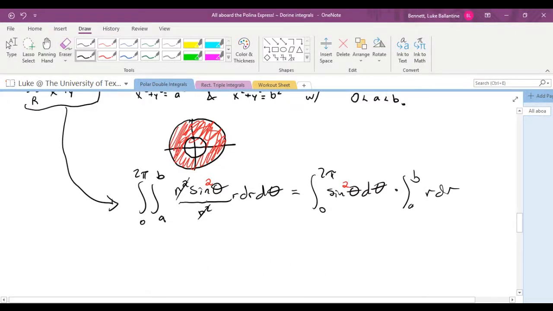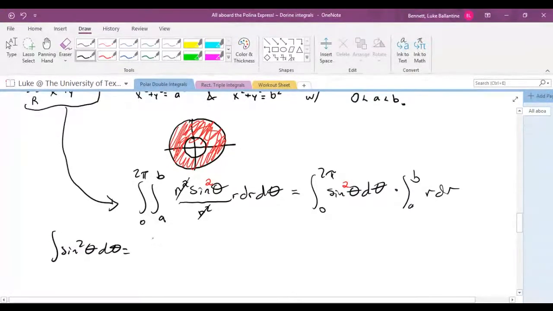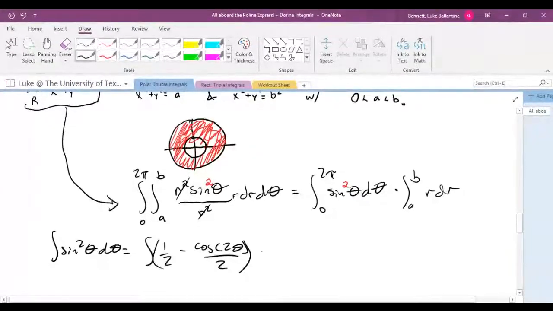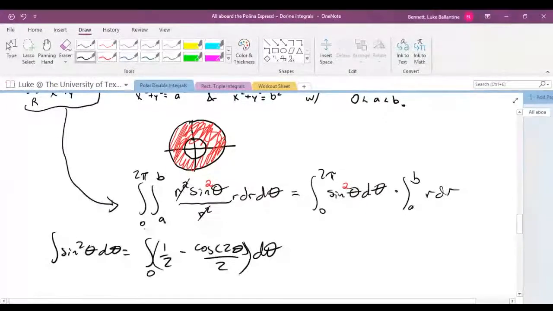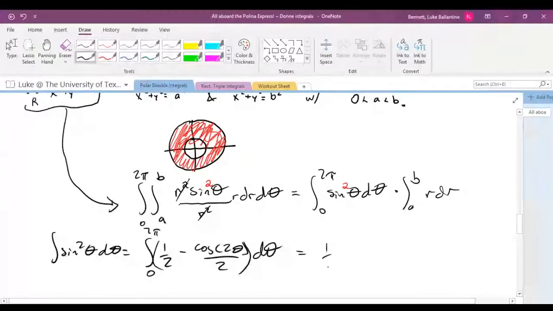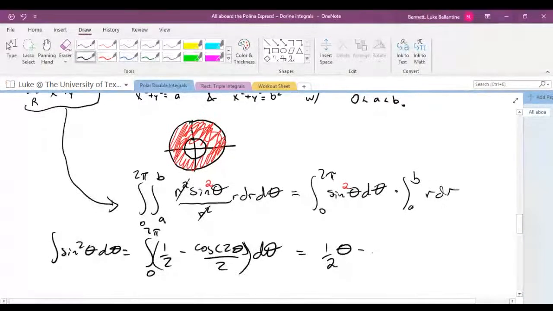All right, that's not too bad. So the integral of sine squared theta d theta is the same thing as the integral of 1/2 minus cosine 2 theta over 2 d theta, evaluated from 0 to 2 pi. Well, the integral of 1/2 d theta is 1/2 theta. And the integral of cosine is sine, so it keeps the sine, 2 theta over 4.